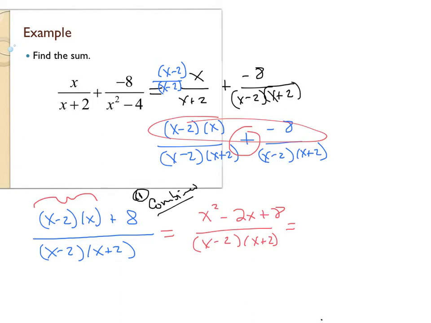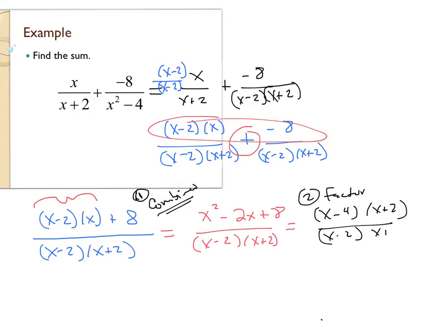Okay, so that was the first step. Now I'm going to factor, and the numerator factors to x minus 4 times x plus 2 all over x minus 2 times x plus 2. So I'm going to continue down here at the bottom on the far left and just start right here.